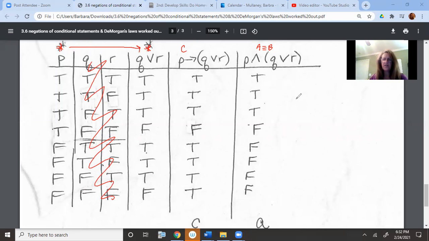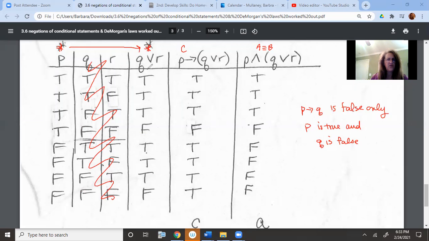So if P, then Q or R. The conditional is false only when the first part is true, so P is true, and Q or R is false. The other times it's true. So let's try to find that case in which P is true and Q or R is false.